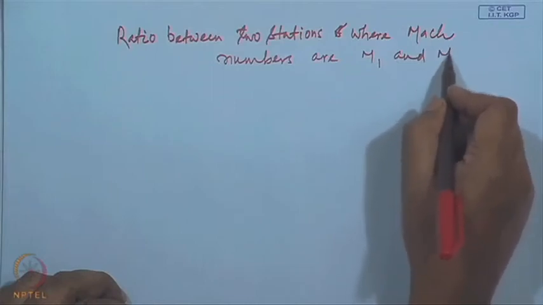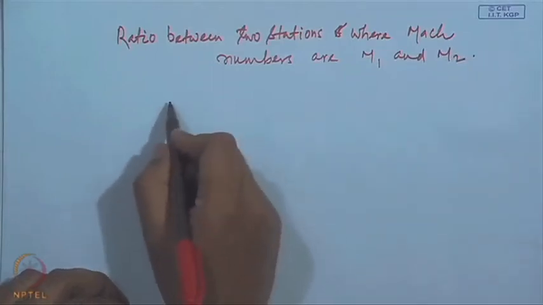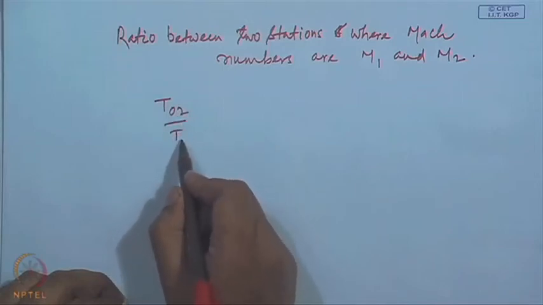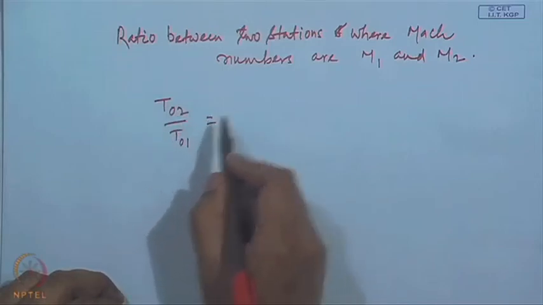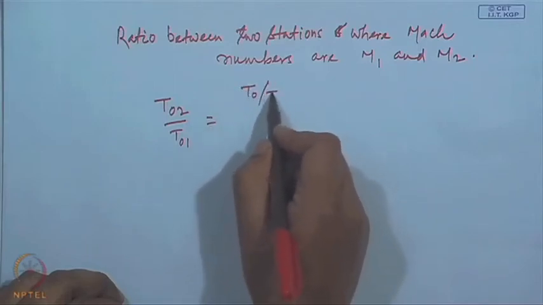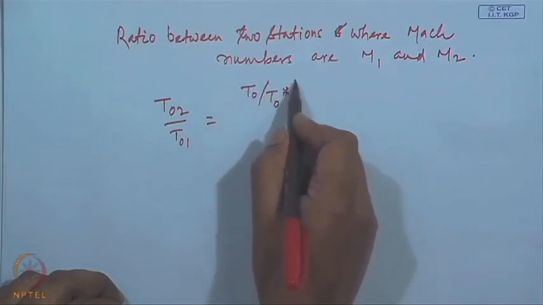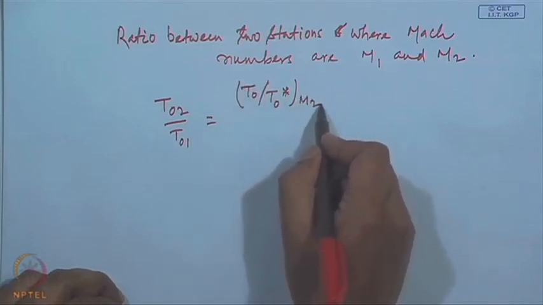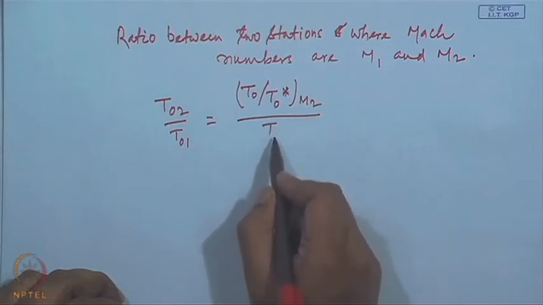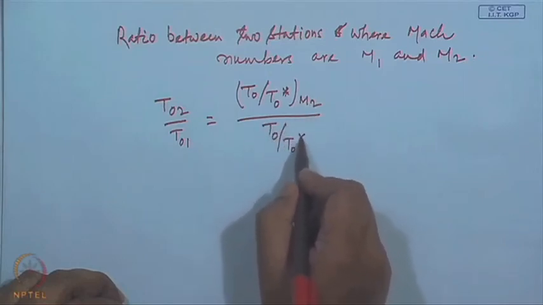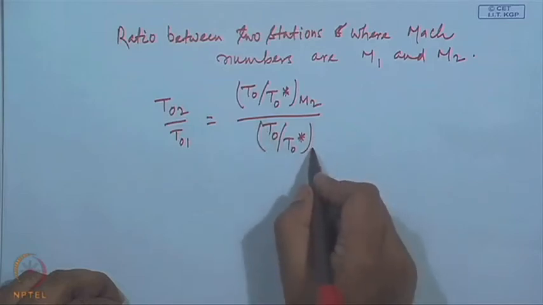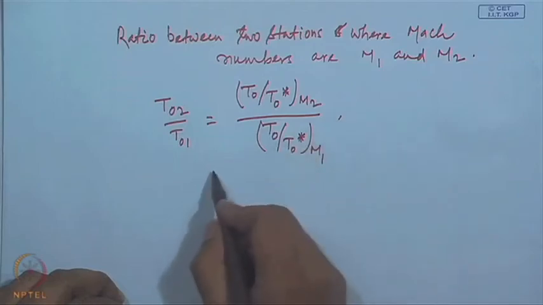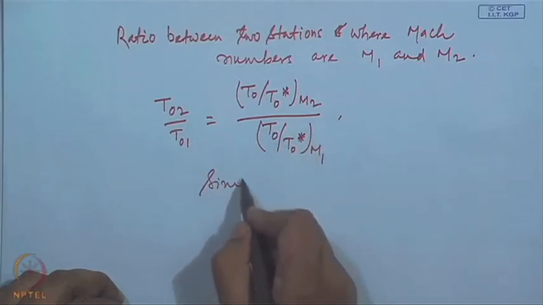Say we can find T02 by T01 as an example, as T0 by T0 star corresponding to Mach 2 and T0 by T0 star at Mach 1, and similarly for other ratios.